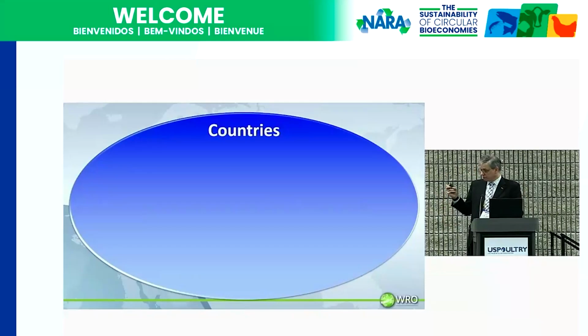So, crystal clear. Countries, maybe like US states, do the regulation. There is no international law so far that is applicable for every country. So far, it's up to the country. And what are the major actors?